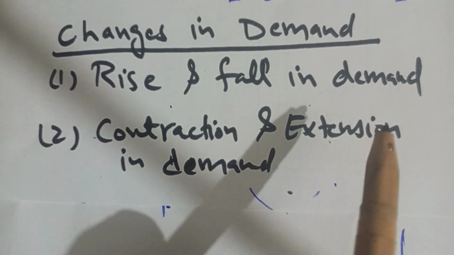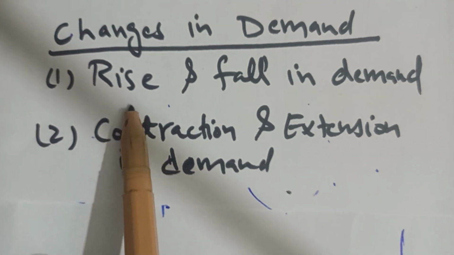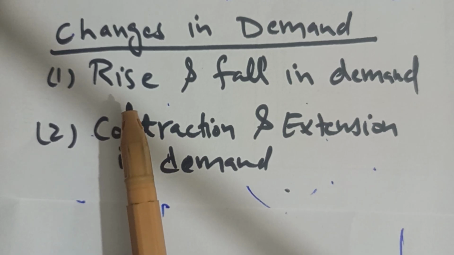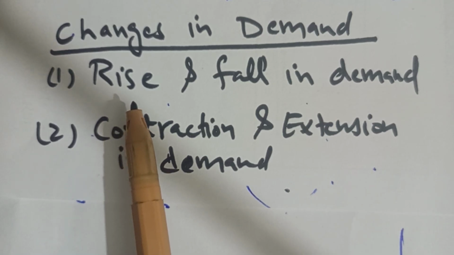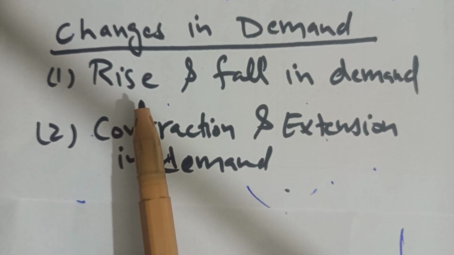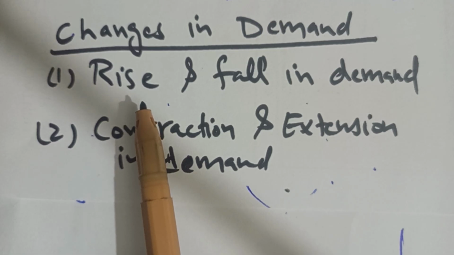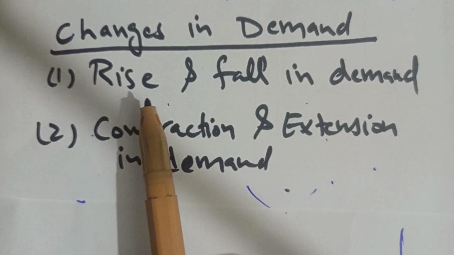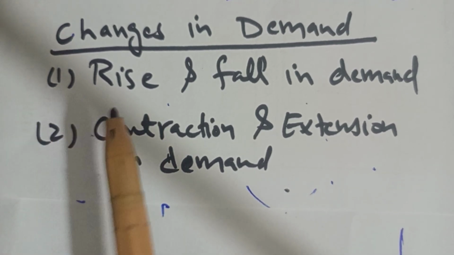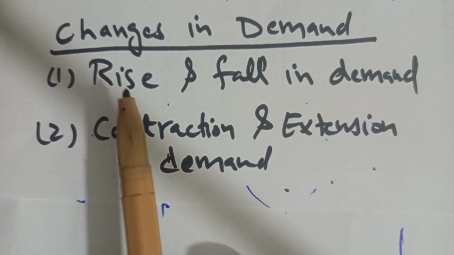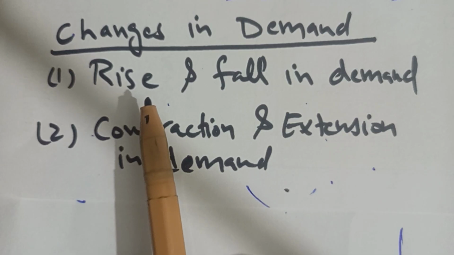Rise and fall in demand. Number one, rise in demand. It means that the price remains the same and the demand for a commodity increases. It is called rise in demand. It occurs when the price of a commodity does not change and its demand increases.